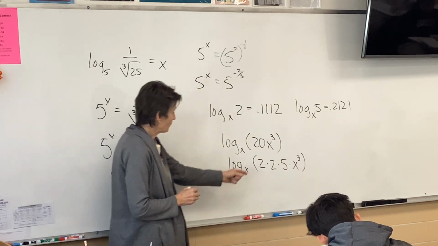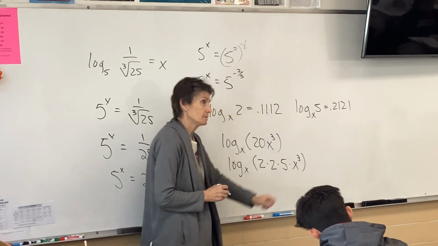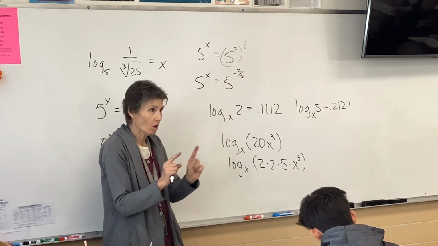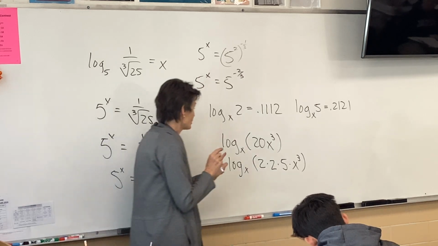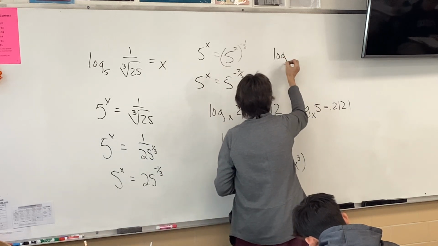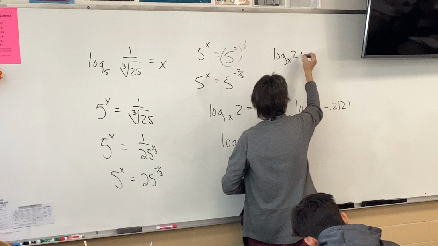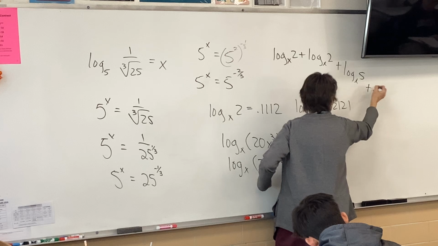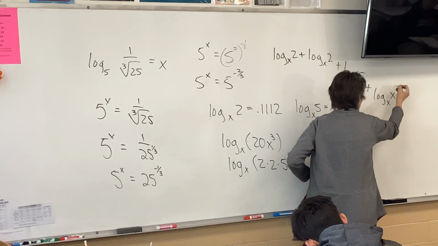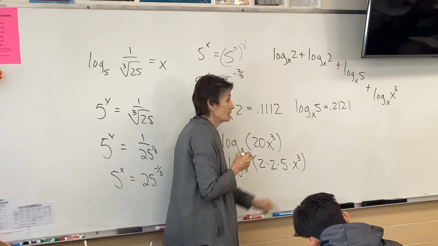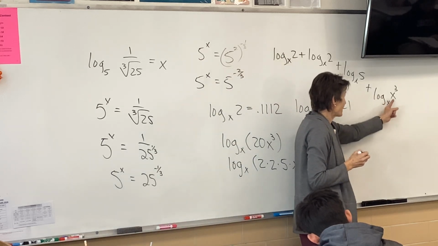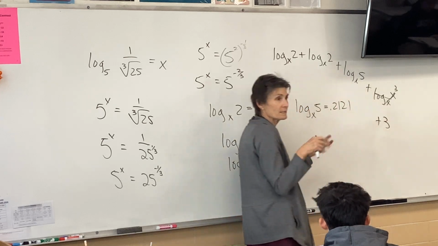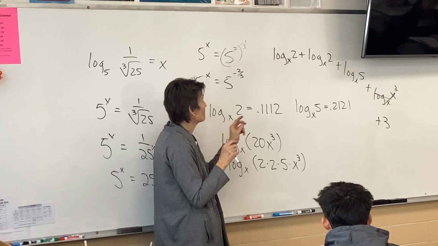Right? Now, these are multiplied. So what will I do with the logarithms? Add them. I don't multiply the logarithms, I add them. So this is going to be the log of 2 plus another one of those, plus a log of 5, and then plus the log of x cubed. But that one's easy. What's the log base x of x cubed? 3. I don't need a chart or a table for that. That's 3.